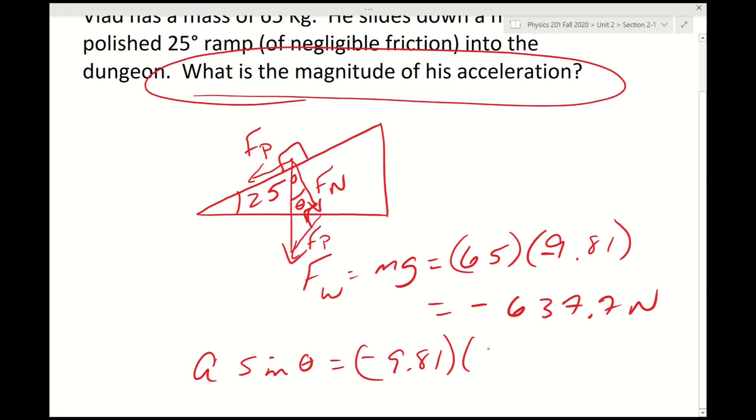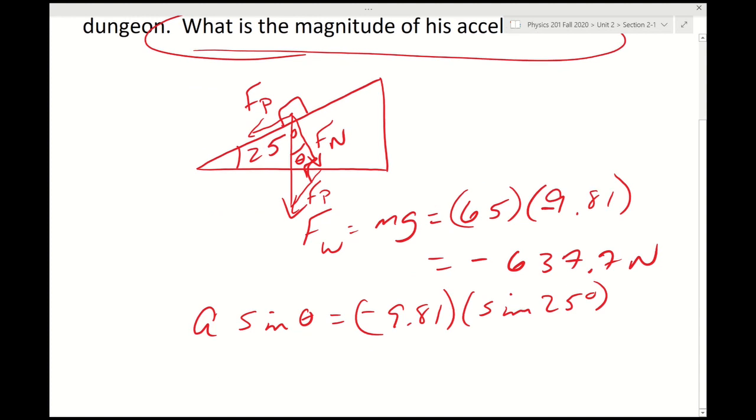You could calculate the normal force as well, or in this case it would simply be the negative 637.7 times the cosine of theta, which would be approximately 578 newtons, but that's information beyond what we were asked.